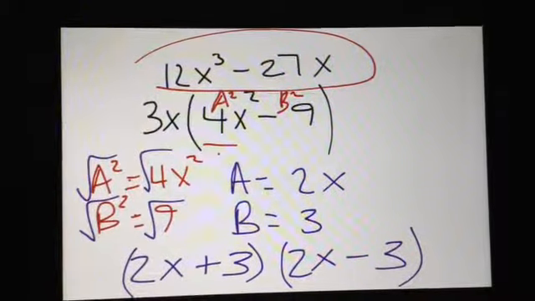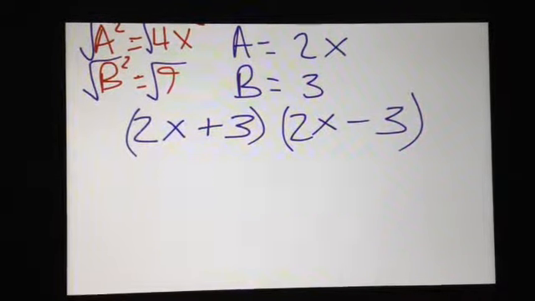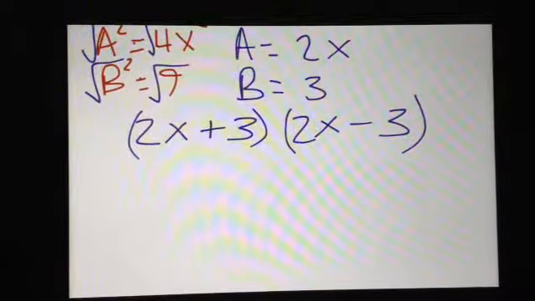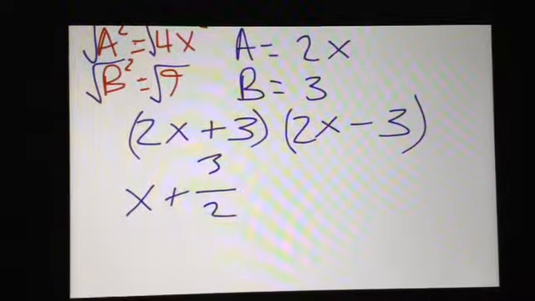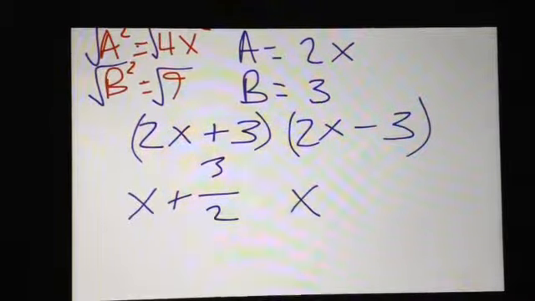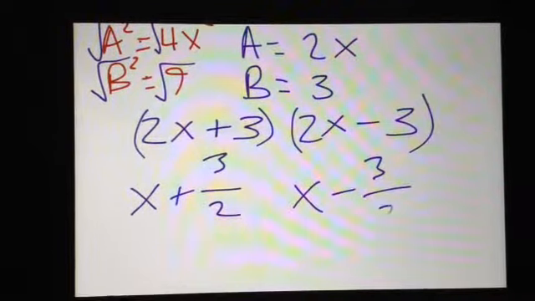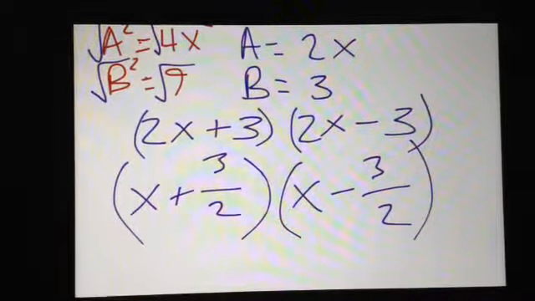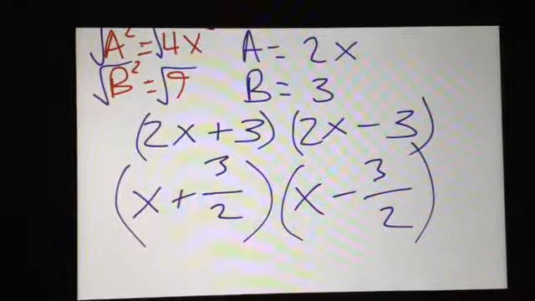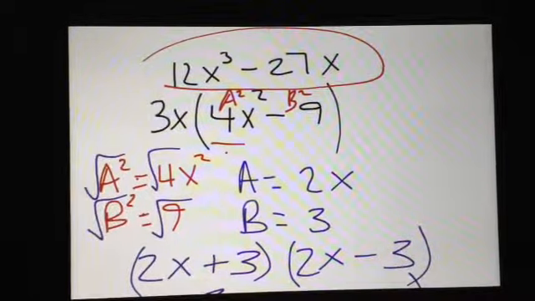Now you can take that a little bit further by factoring out a 2 from both of them, dividing both of them by 2, and then you can get x plus 3 halves, and then x minus 3 halves. And that's how you factor when you have 2 terms.